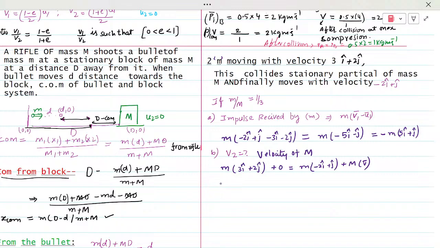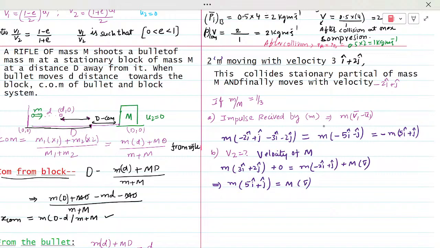So this will become like this: m into 5i cap plus j cap is equal to capital M into v bar.